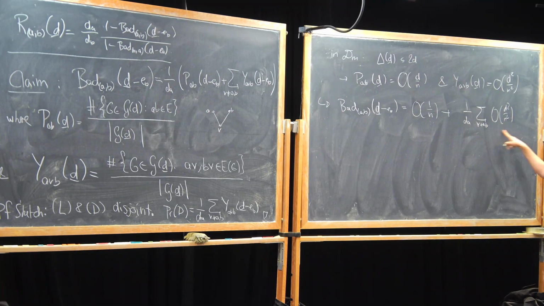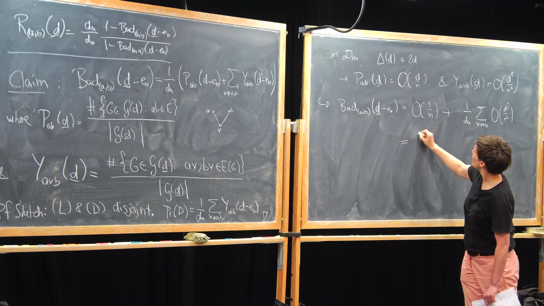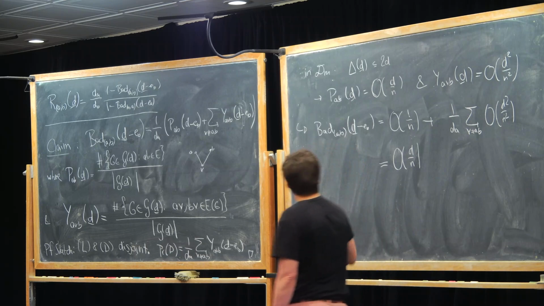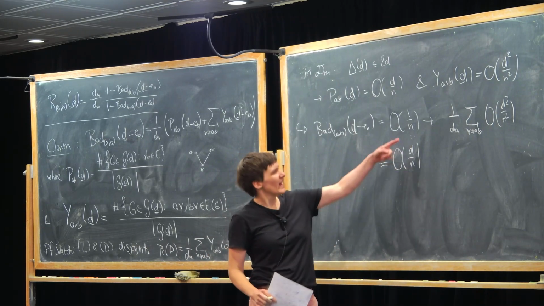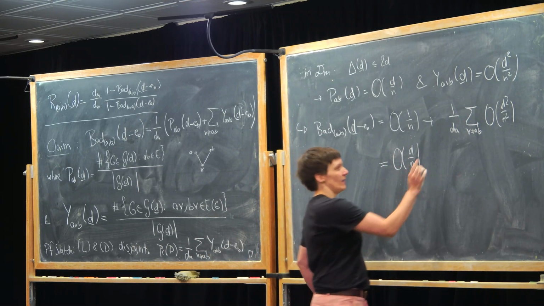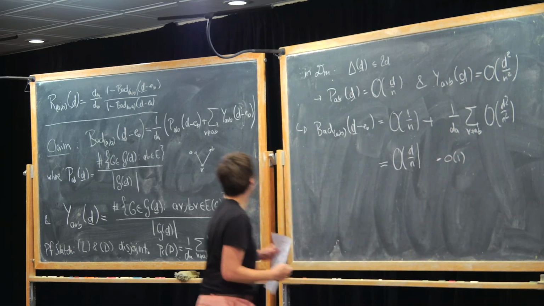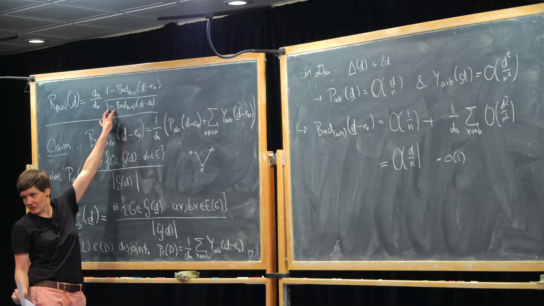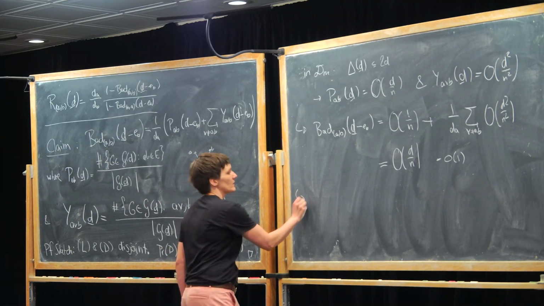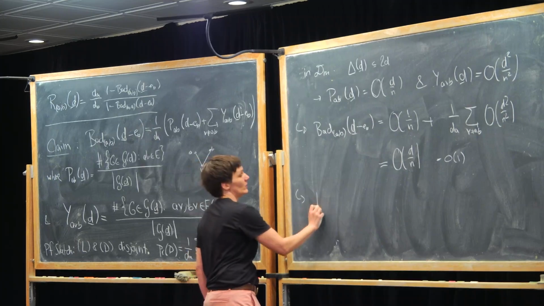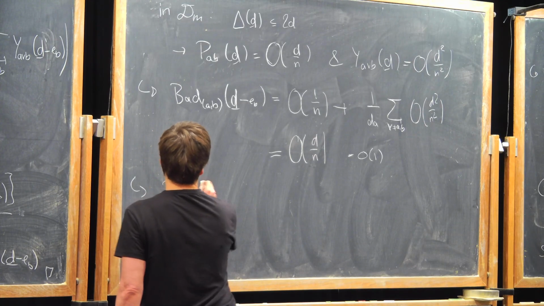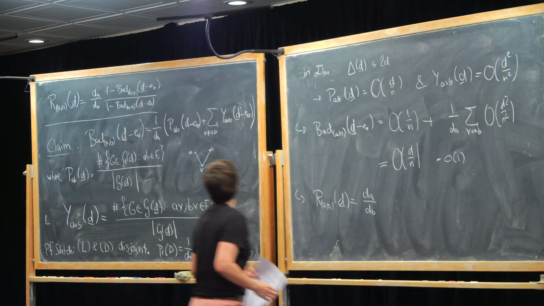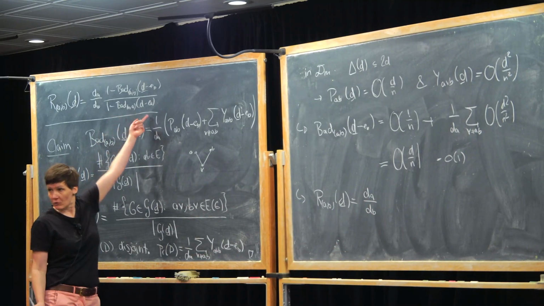And then this is the dominating term, so that will also be a big O of d over n. So we get that the bad probability, we can bound it by big O of d over n. And if d is sufficiently smaller than n, let's say this is little o of 1, then you don't need to worry about this 1 minus b ever being close to 0. Okay, so plug this into the ratio. So we get RAB of d to be dA over dB times something that's 1 plus big O of d over n.